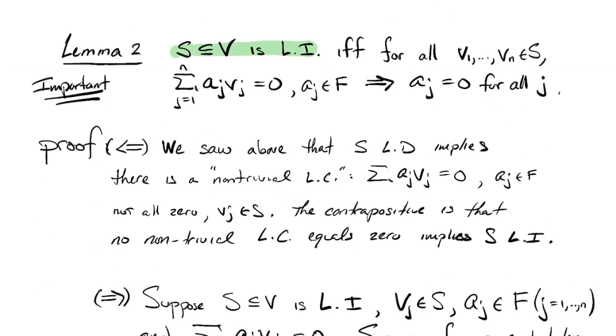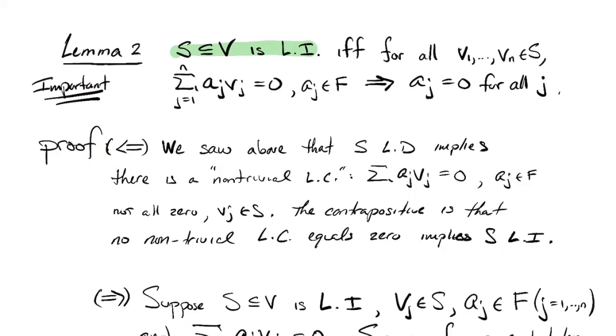So if you look at the contrapositive of that, if every possible combination that equals 0 is the trivial combination, that's just the negation of that statement, then the thing cannot be linearly dependent. That is, it has to be linearly independent. So half of our theorem is really just the contrapositive of our work above.